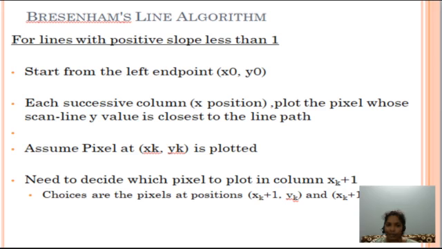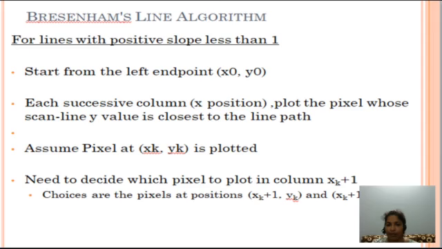For each successive column, plot the pixel whose scan line y value is closest to the line path. Assume the pixel at xk, yk is plotted. We are assuming that we have plotted the point xk, yk.